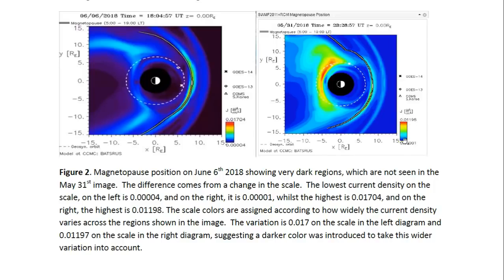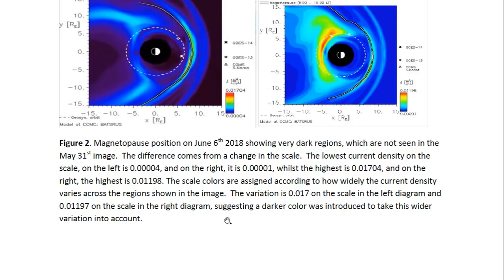And for that one, we have 0.01198 minus that value. So the variation is 0.01197. Now, you will agree that this is a lower variation. So this seems to suggest that more colors may be used when the variation in density across the region of simulation is higher.